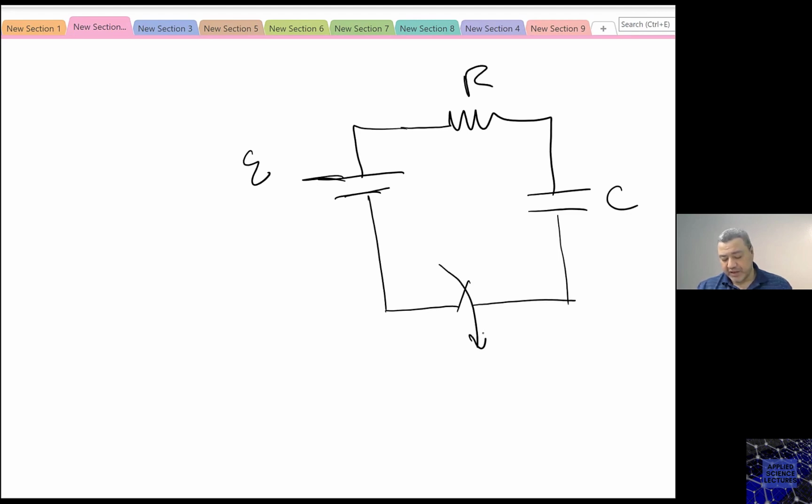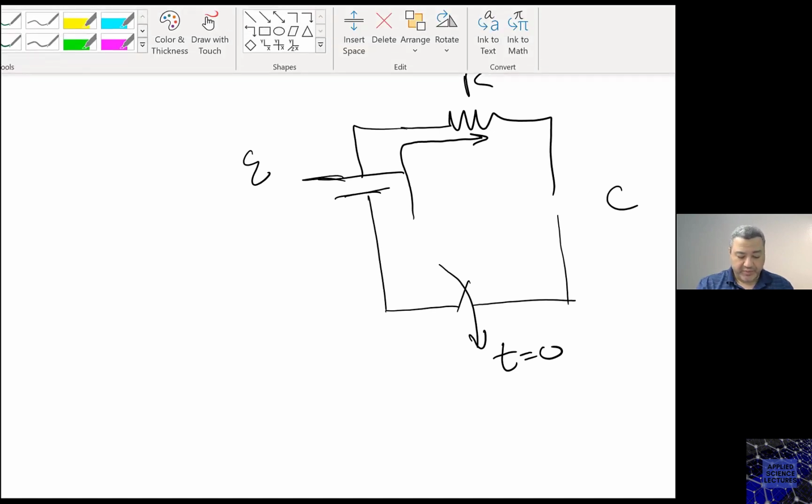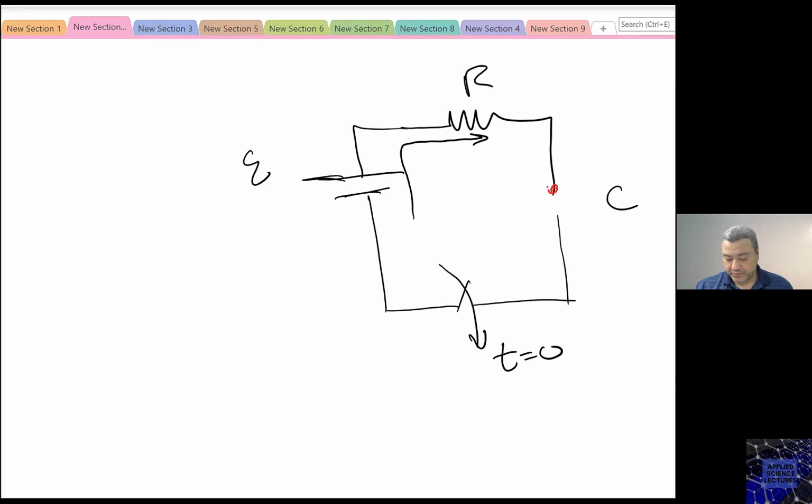Right at the moment where I close the switch at t equals 0, I will have a current flowing, and this capacitor now can be replaced by a piece of wire. Again, this is only at t equals 0, right when the switch closes.